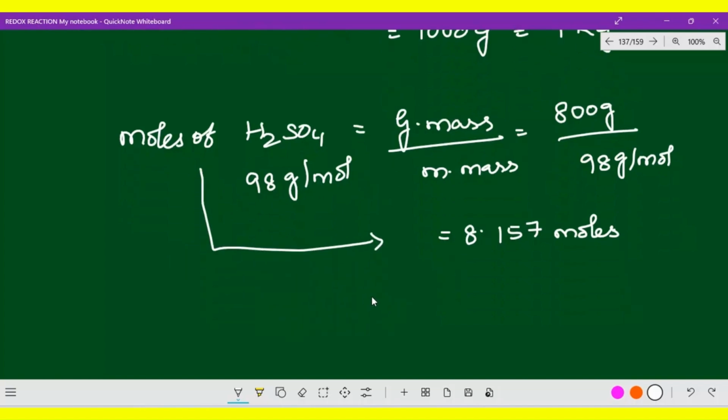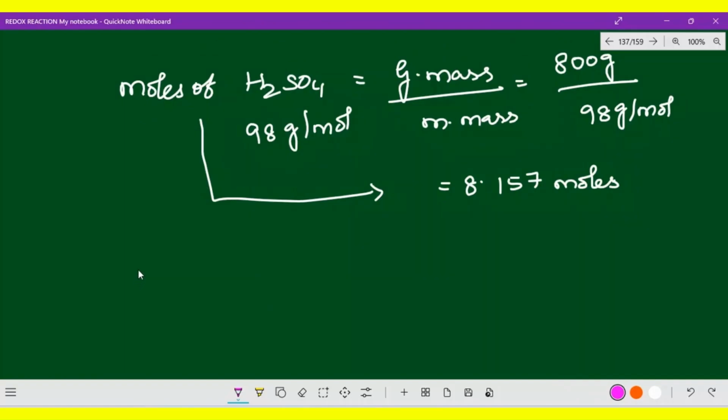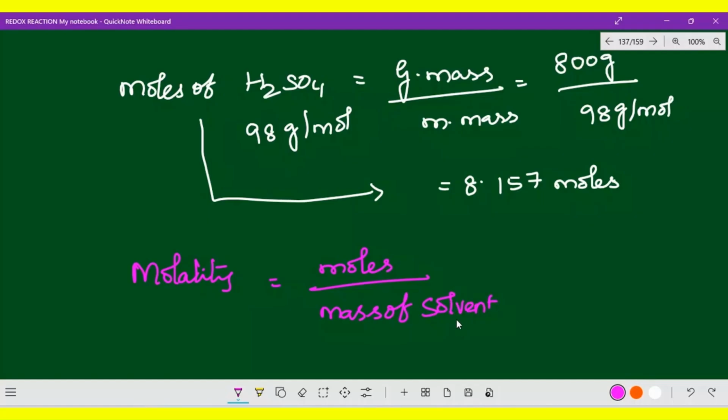Now, molality we have to identify. That is the only question, right? So, molality equals moles by mass of solvent. We have to identify the mass of solvent. Solute is a given mass. Finally, we are calculating the molality, so there we have to use the mass of solvent. Please note down, this is the mass of the solvent in kg. So here moles are 8.157 divided by the mass of solvent.